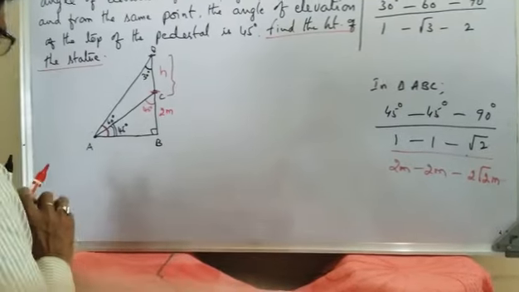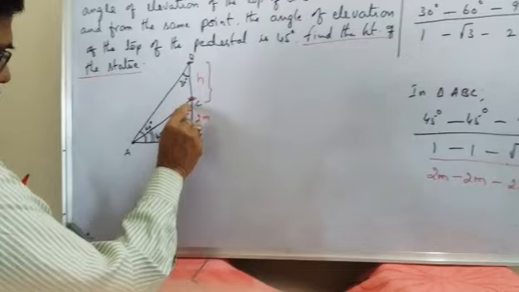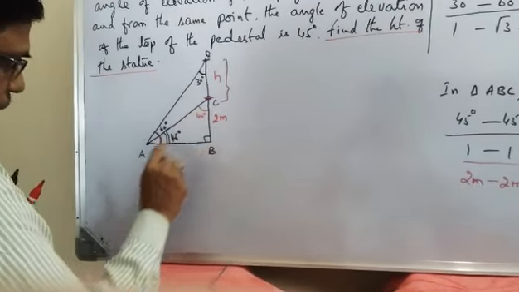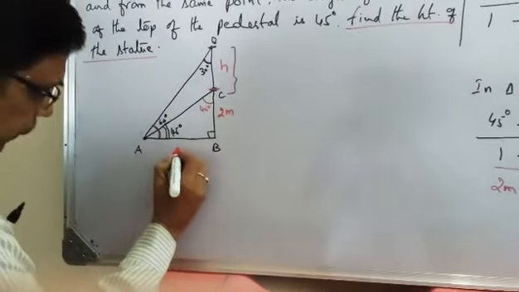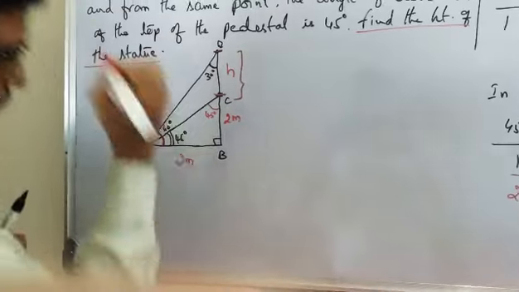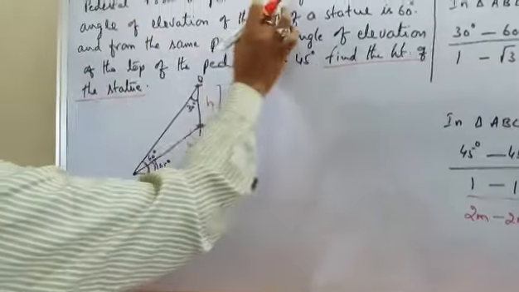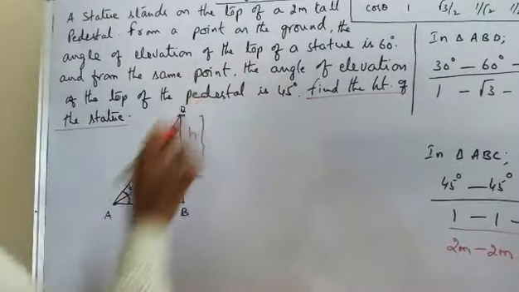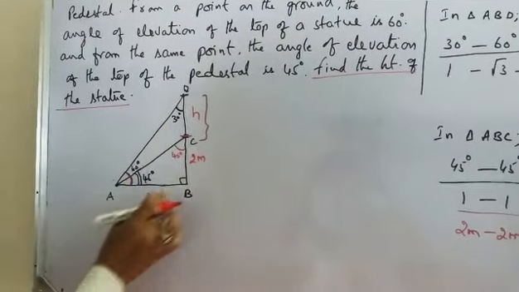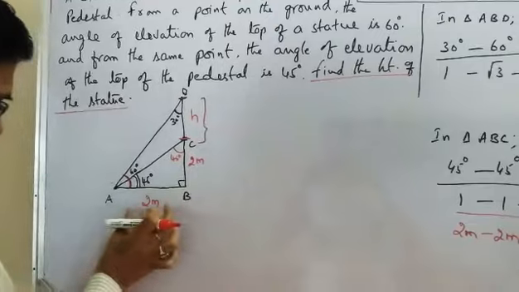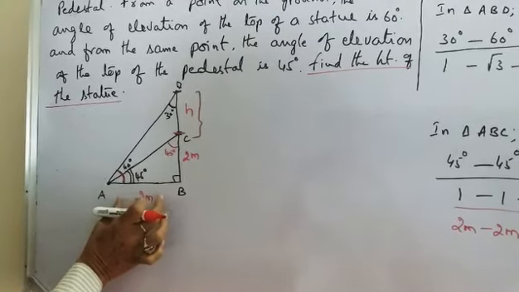Is it clear, all of you? This is also 45, the side opposite to 45, so AB will be 2 meters. So from a point on the ground, the distance from the foot of the pedestal is equal to how much? This is equal to 2 meters.